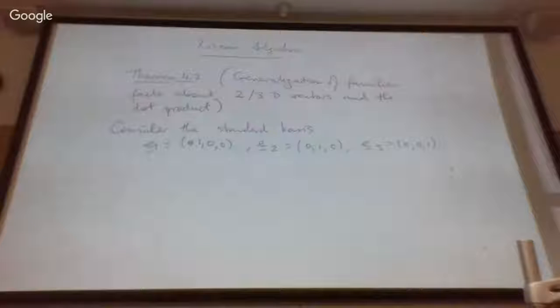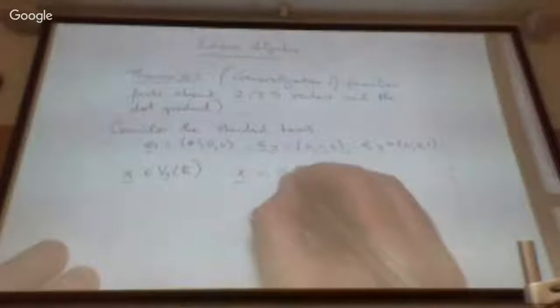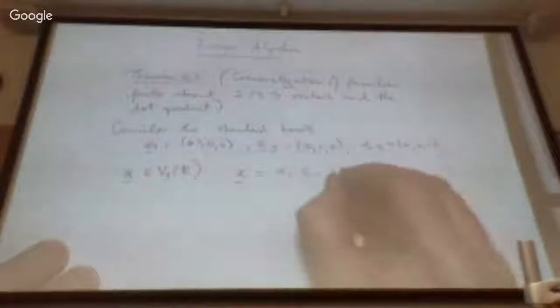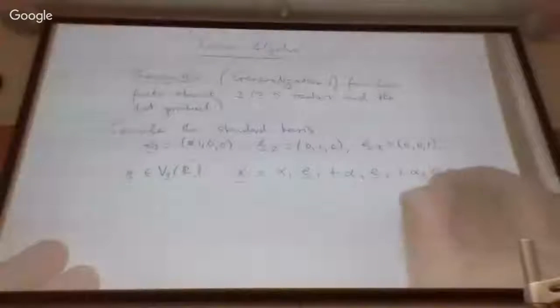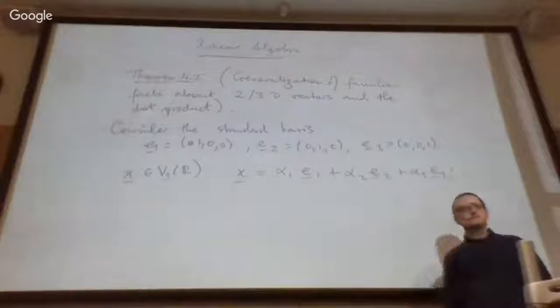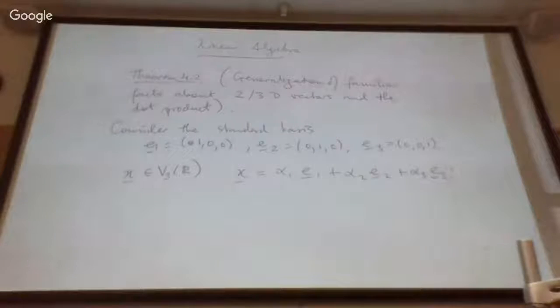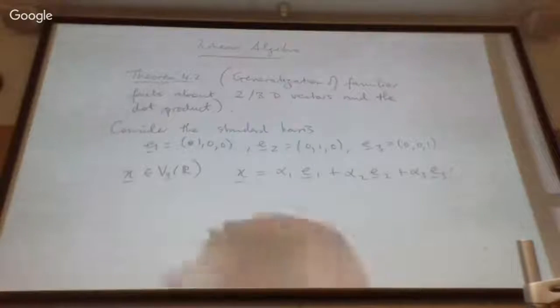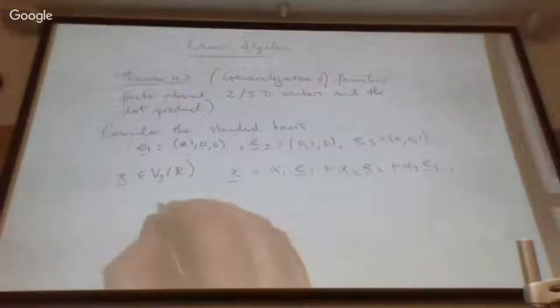Any vector x from V3R can be expressed as a linear combination of these, alpha 1 e1 plus alpha 2 e2 plus alpha 3 e3. And what are these alphas? In terms of the dot product, what are the alphas? In terms of the information on the page?